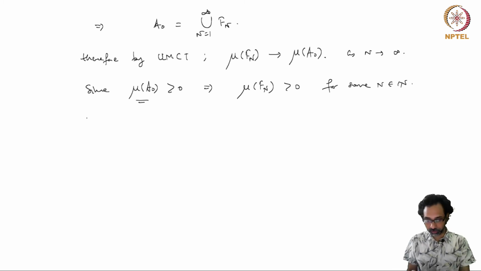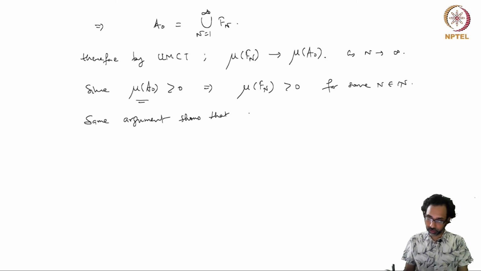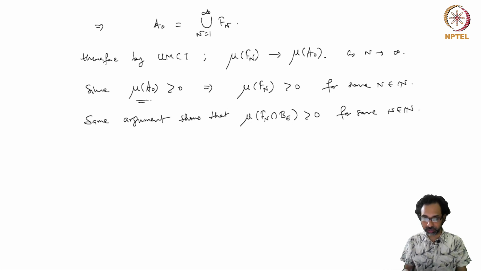Now the same argument shows that the measure of F_N intersection B epsilon is greater than 0 for some N, because you can simply replace A0 here by B epsilon, and B epsilon we have assumed to have positive measure. So all the arguments that we have mentioned go through, and this new set F_N epsilon has positive measure.